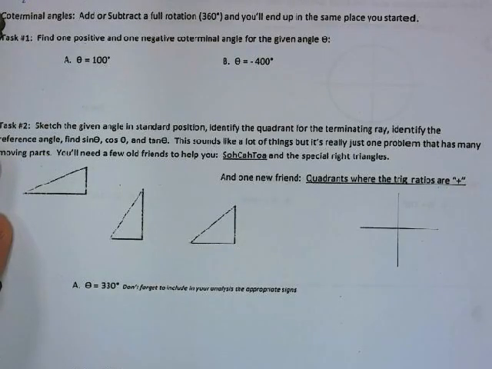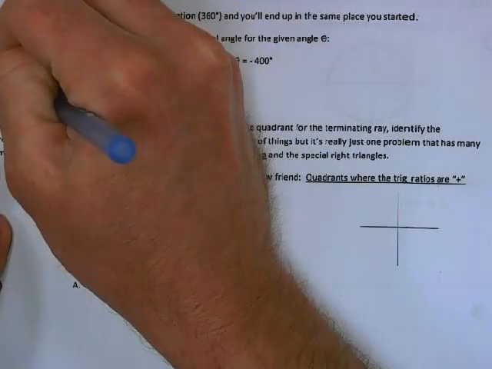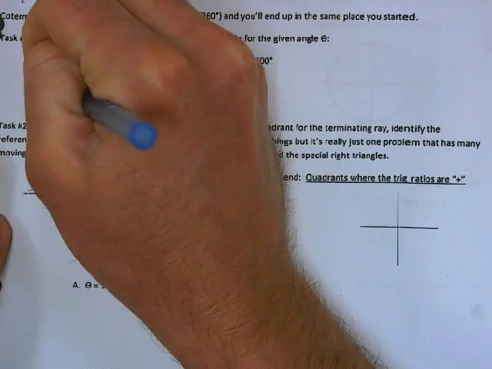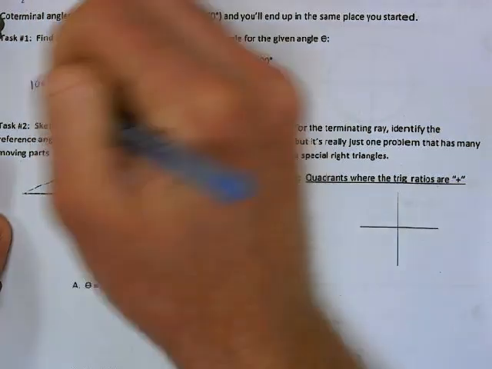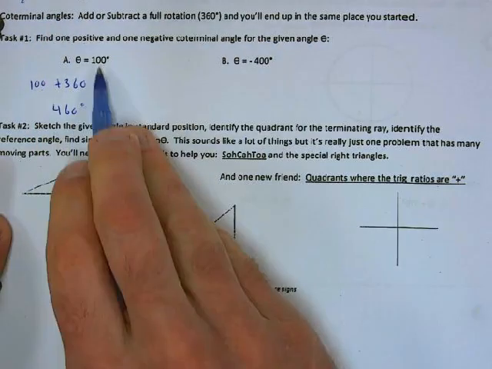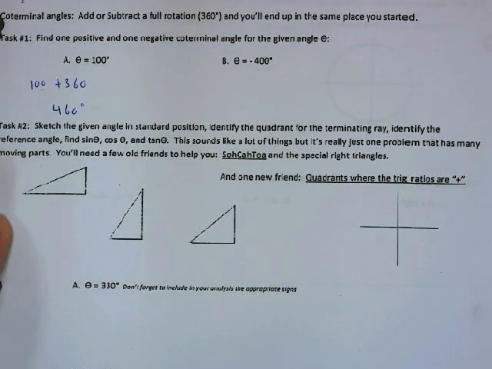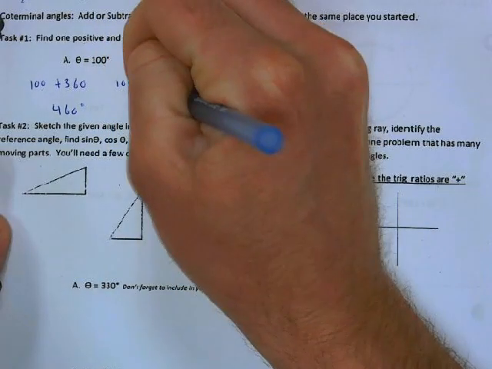To show our work, we just want to take our angle, which is 100, and add 360 to it. If I add 360 degrees, we get 460 degrees. That'd be a coterminal angle to 100 degrees. In other words, they would have the same terminating ray and same reference angle and be in the same quadrant. Or I can take my angle, 100 degrees, and subtract 360 degrees.